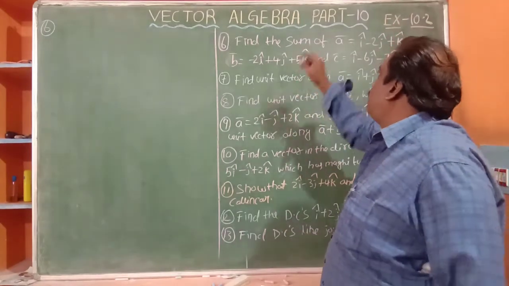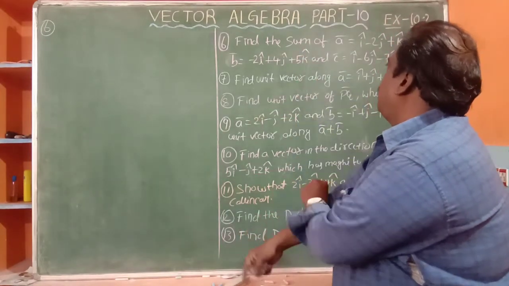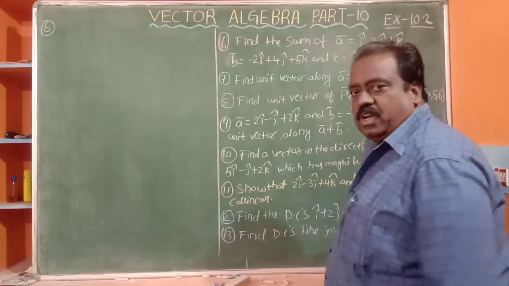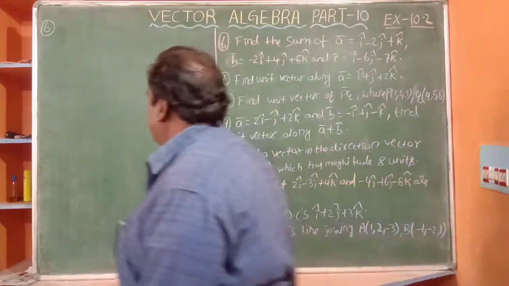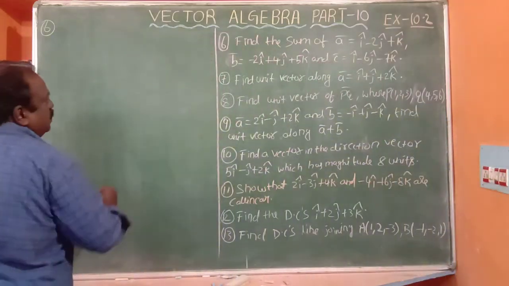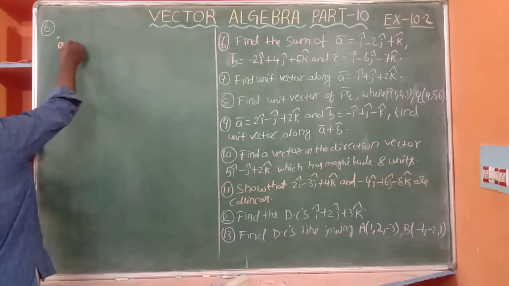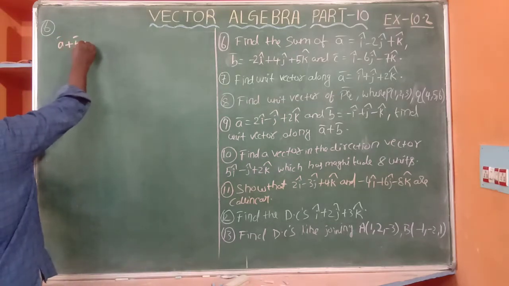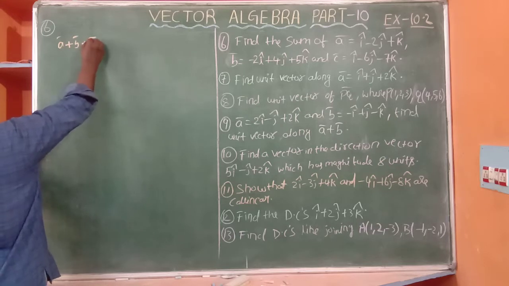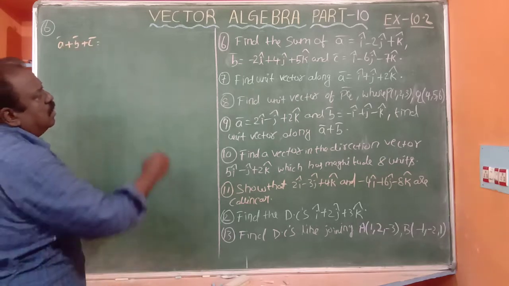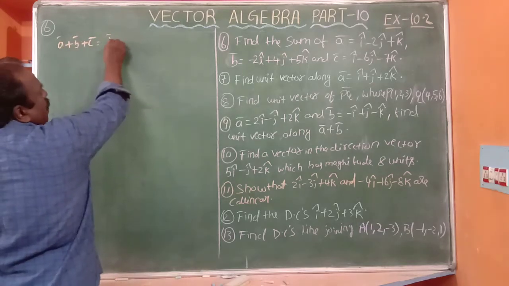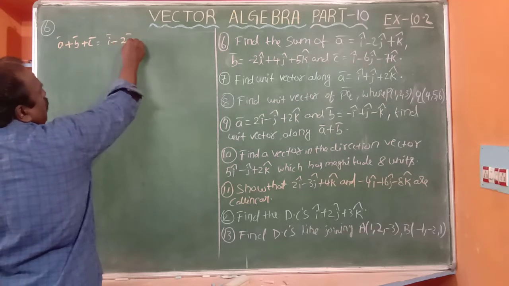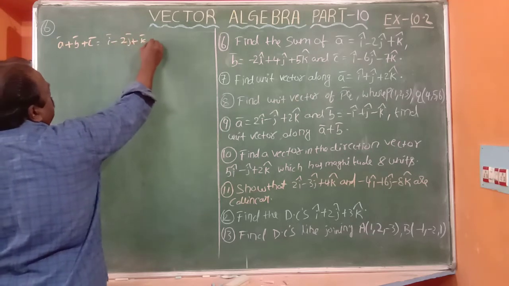Sixth one. Find the sum of A bar, B bar and C bar, where we are asked the addition of vectors. A bar plus B bar plus C bar. What is A bar? A bar is i minus 2j plus k.